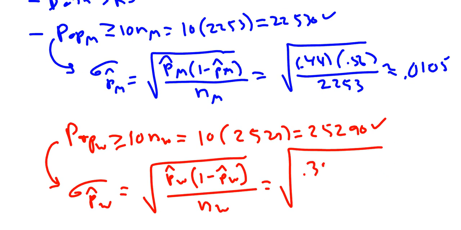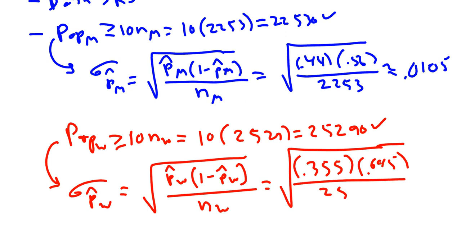So 0.355 times 1 minus 0.355, which will give you 0.645, divided by the sample size, 2,529. If we type this into our calculator and take the square root, we end up getting a standard deviation of around 0.0095. Okay, great.